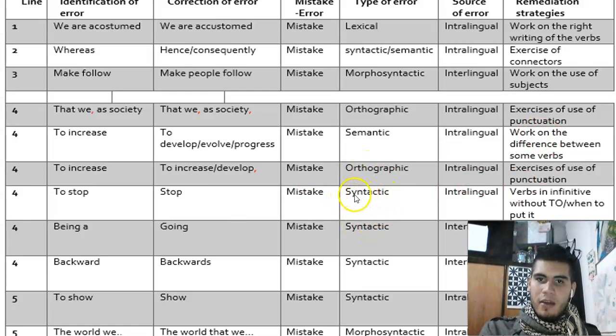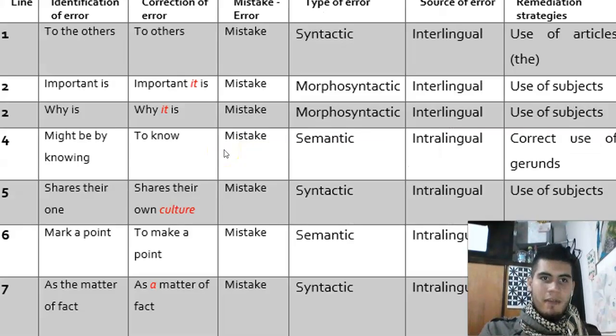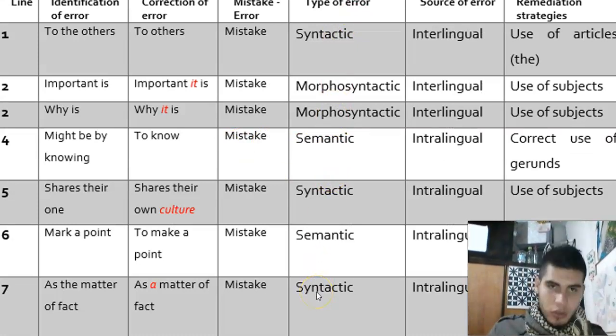I can find here, and here, five syntactic errors I made in the last semester. And now I have another here. This syntactic one is the error I made the most.